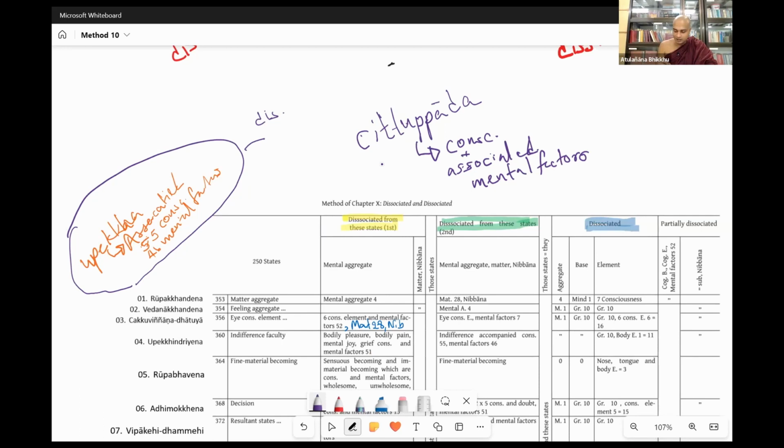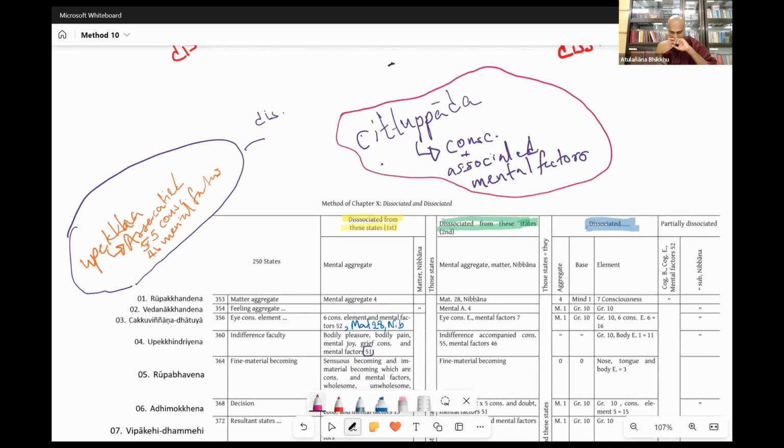So that's why this is correct. I was explaining something wrong. Okay, so let's forget that, right? I was trying to explain something else. I thought it was an error here, but it's not an error. Hope that you understand the meaning of chittupada.